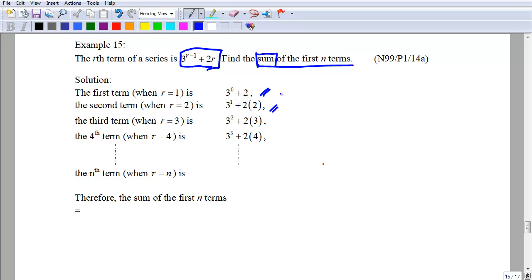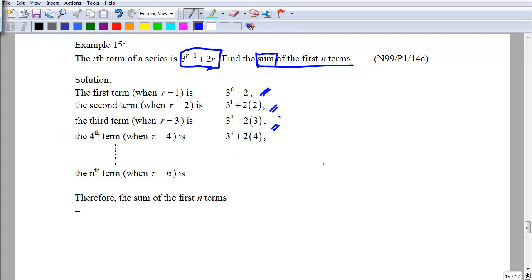If that's not sufficient for us to do anything yet, why don't we try a few more terms? The third term, when r equals 3, is 3 power 3 minus 1, that gives 3 power 2, plus 2 times 3.